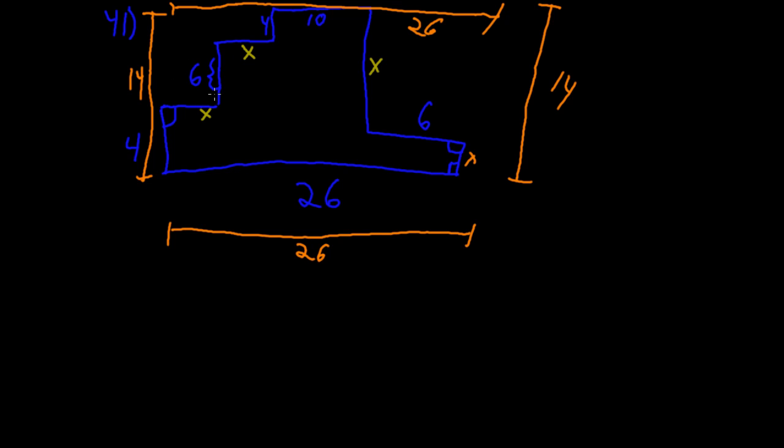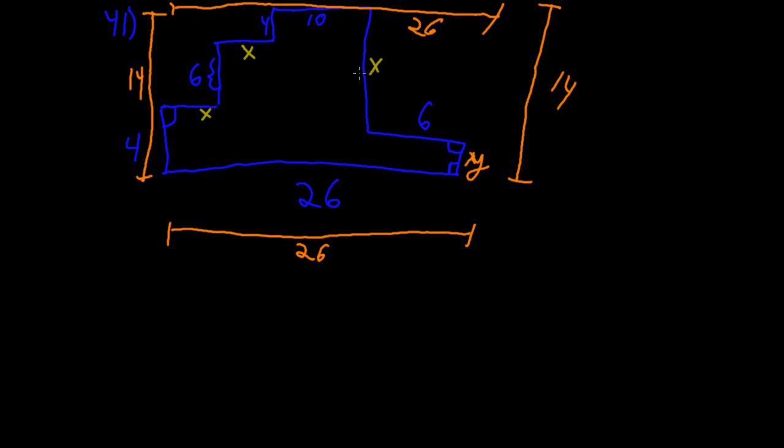And so we don't really need to know these side lengths. We just need to know the total of the entire side. Since this is equal to 14, we would be adding x plus y, because they're different lengths, to get to this 14 anyway.